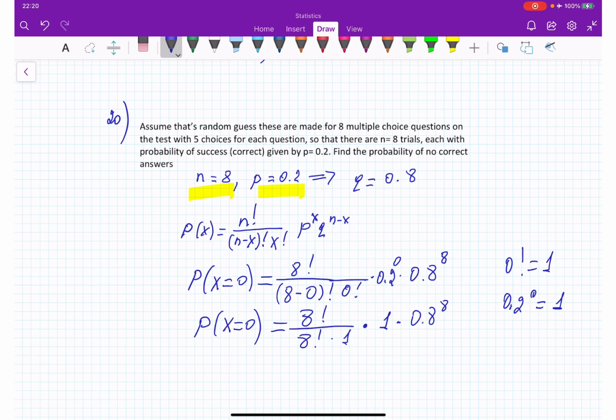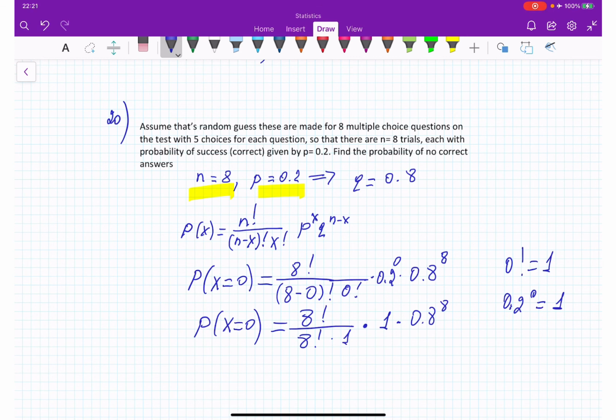Once you plug all this information, let me open the probability calculator. So number of trials, I'm plugging 8. Probability of success 0.2.